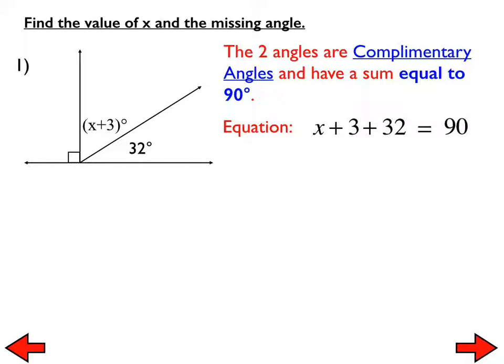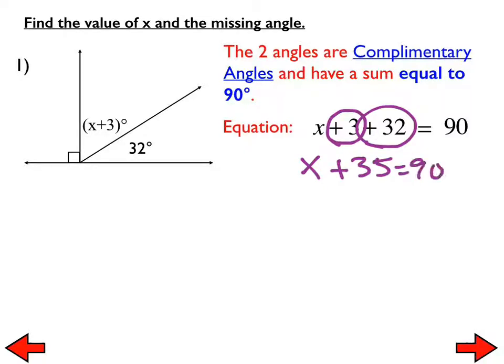So in this problem, the first thing we need to do is to combine like terms. And in this equation, we're going to combine the constants because constants are like terms. Remember, a constant is a number without a variable. And so we have positive 3 and positive 32. That's positive 35. And then, of course, from there, subtract 35 from both sides.